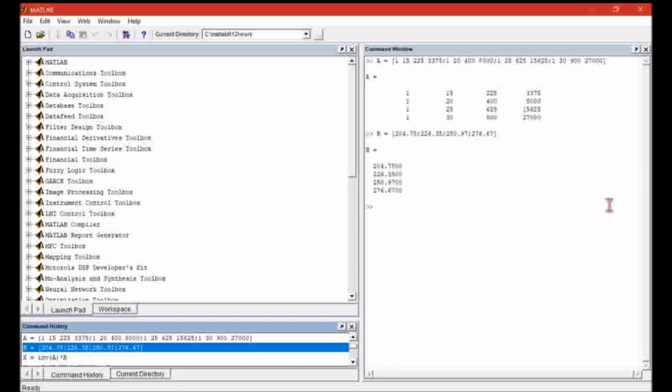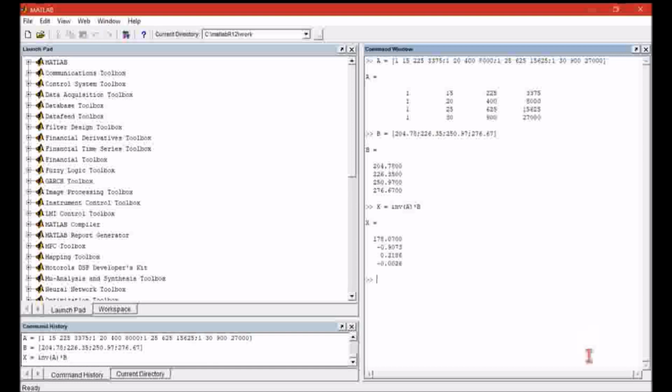So we will do our B matrix as well, just like the linear, but just add a little more values. So you can see here. And again, just do X, which is our value for A0, A1, A2, A3, and equals inverse A multiplied by B. So this is our A0, A1, A2, and A3 respectively, as you can see.